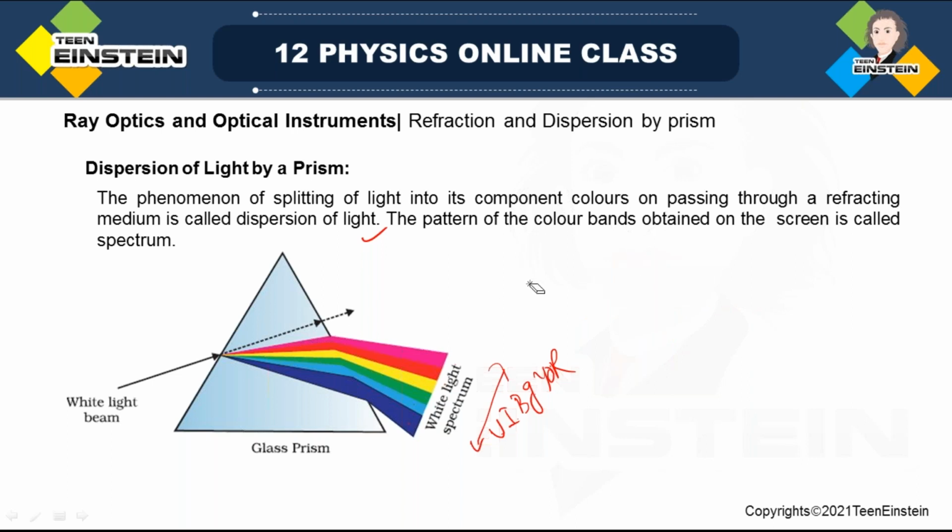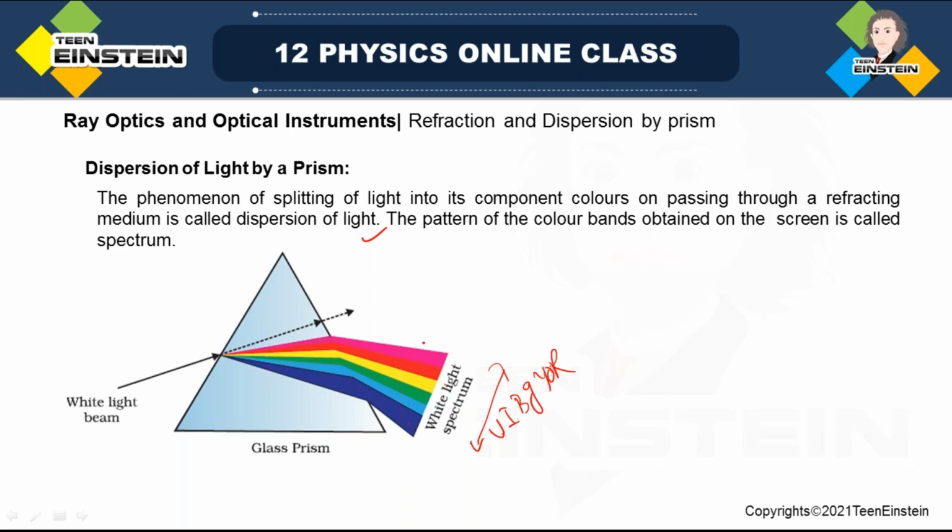Okay, so in the prism it is very prominent, and this famous experiment was done by Sir Isaac Newton. He contributed a lot to classical mechanics, to calculus in mathematics, and many other fields, as well as optics. Okay, in ray optics he has contributed a lot.